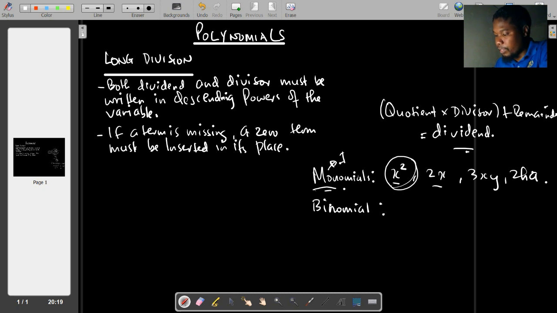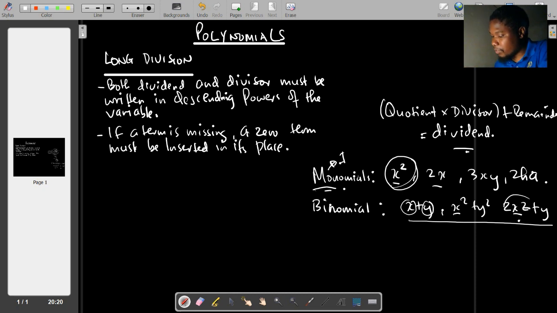A binomial may be x plus y, x squared plus y squared, 2xz plus y. All these are binomials. Why? Because they contain two terms. They may have more than one variable in each term, it doesn't matter, but as long as they contain two terms, they are binomials. Bi means two. And then we have polynomials.